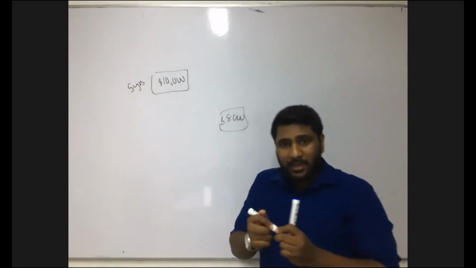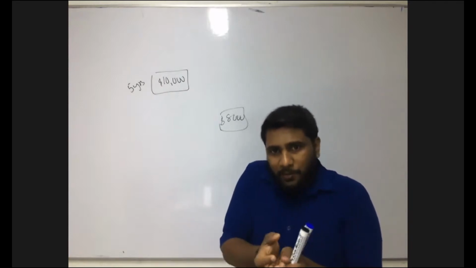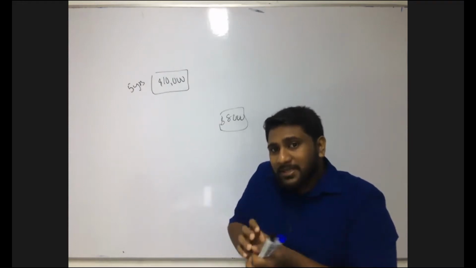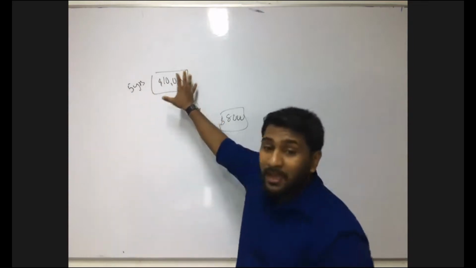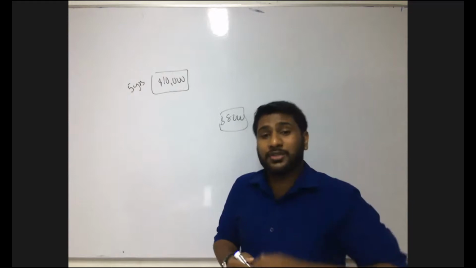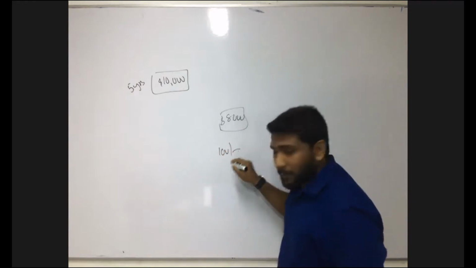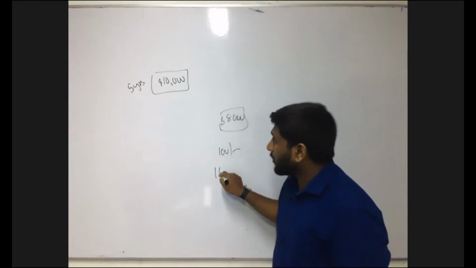If you have 8,000 today, guys, you should be able to purchase something. Likewise, you can purchase that same product in another 5 years time by paying 10,000. The example I took for sugar also says, guys, if you have 100 rupees today, you can purchase 1 kilo of sugar.